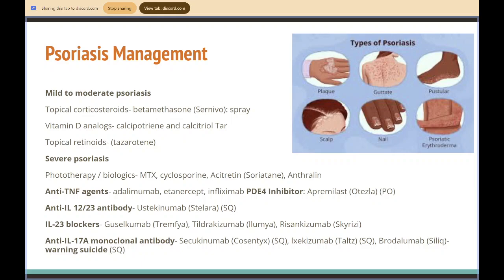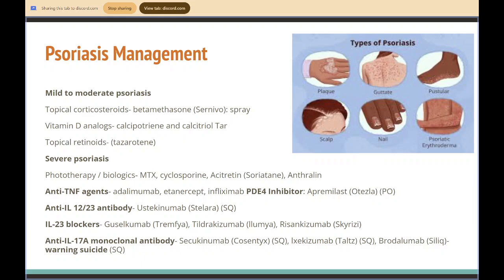Anti-TNF agents are another class of drugs. PDE4 inhibitors, anti-IL-12 or 23 antibody. That's going to be the Stelara, that's a sub-Q. Tremfya, Ilumya, and Skyrizi are interleukin 23 blockers.